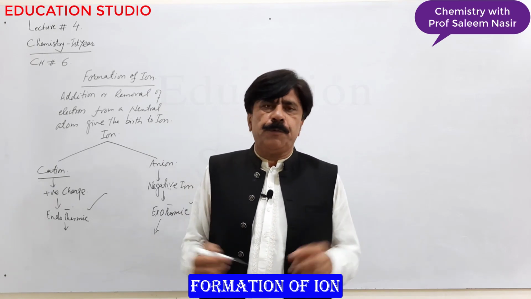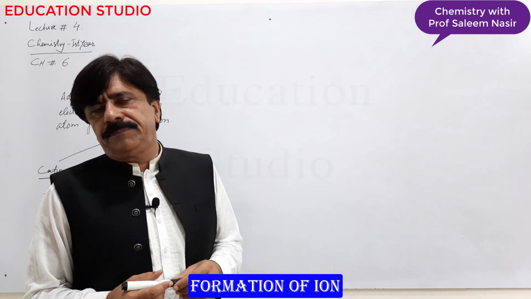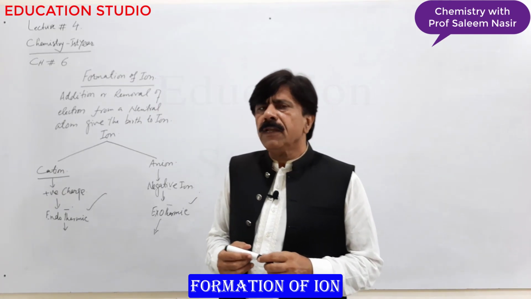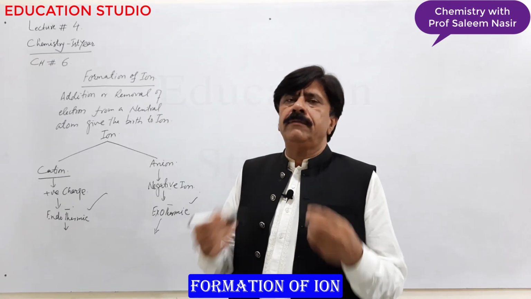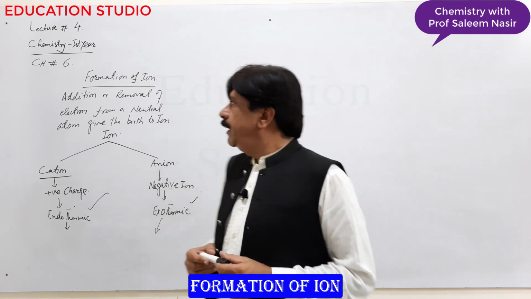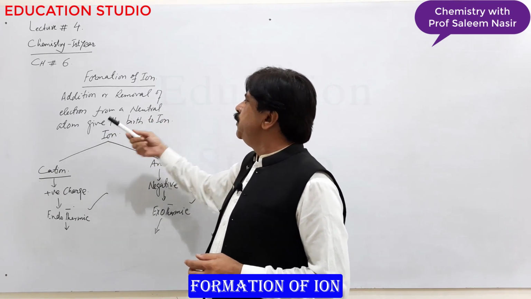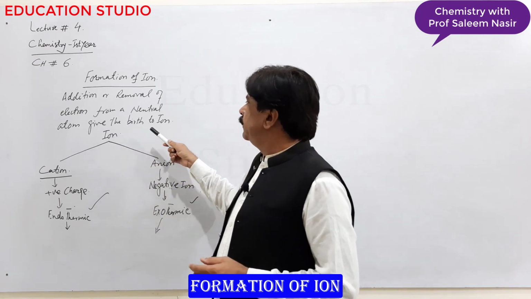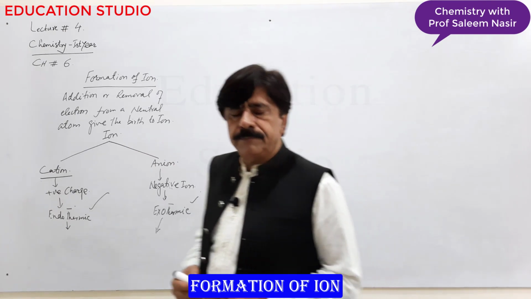Before we proceed to our topic, it is very necessary to look back at the formation of the ion. Students, we already discussed it, but let us take a bird's eye view of it. The addition or removal of an electron from a neutral, isolated gaseous atom gives birth to an ion.